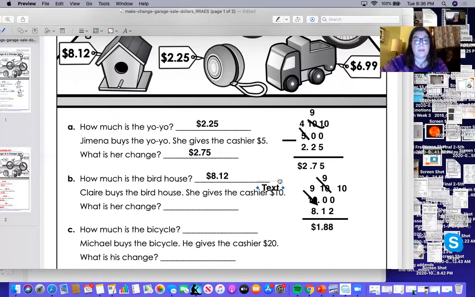Okay, the other way that we could do this, which is helpful if you have money with you, let me show you that. So whatever we bought was for $8.12. We give a 10. Got my change here. So the other way to do it is have our coins and count up.